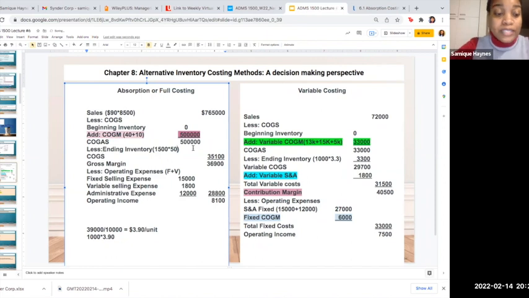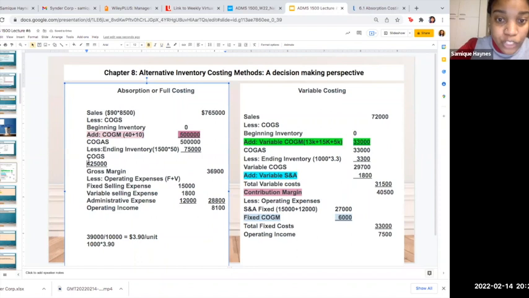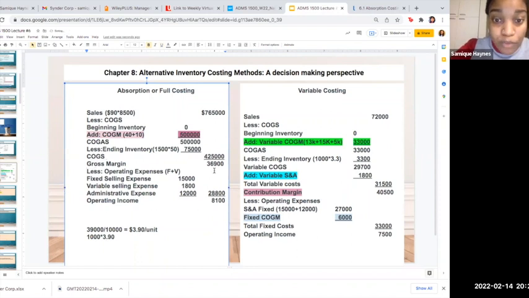So 1,500 times 50 is 75,000. That's how much is in our ending inventory. That's the cost. So 500,000 less 75,000 will give us our cost of goods sold, which is $425,000. Right? And once we deduct that 425,000 from our revenues, we get our gross margin of 340,000.